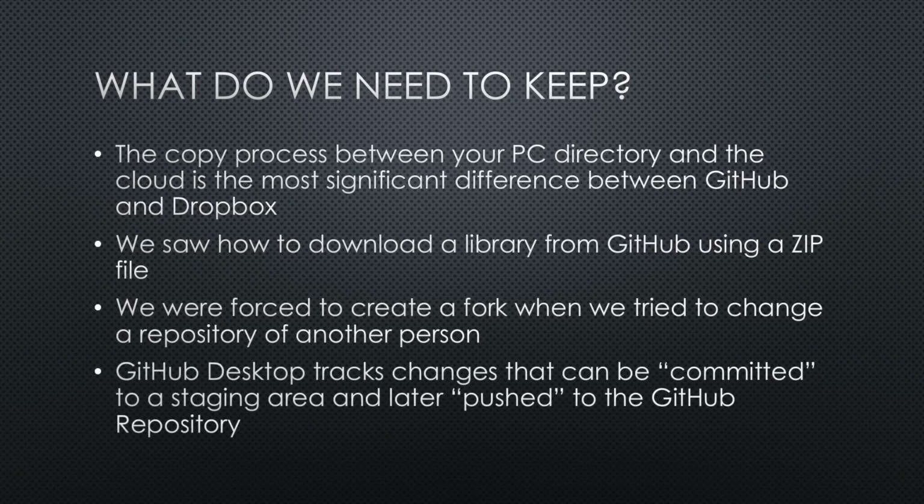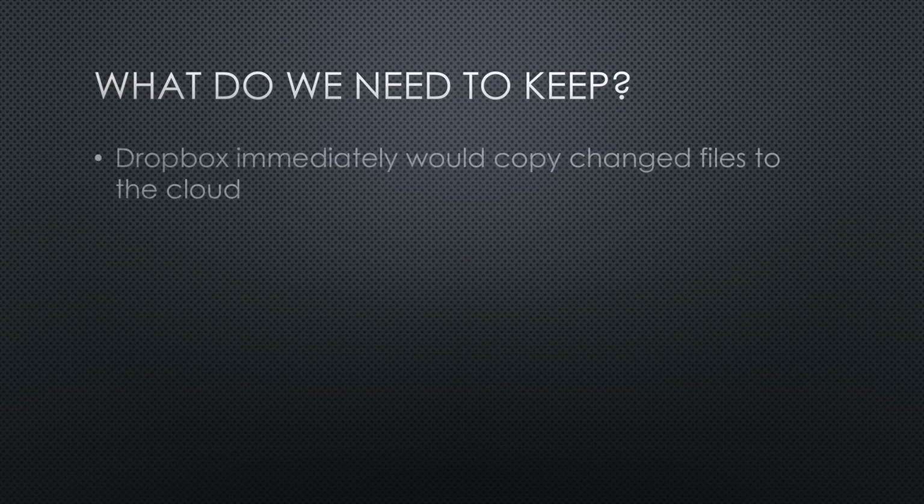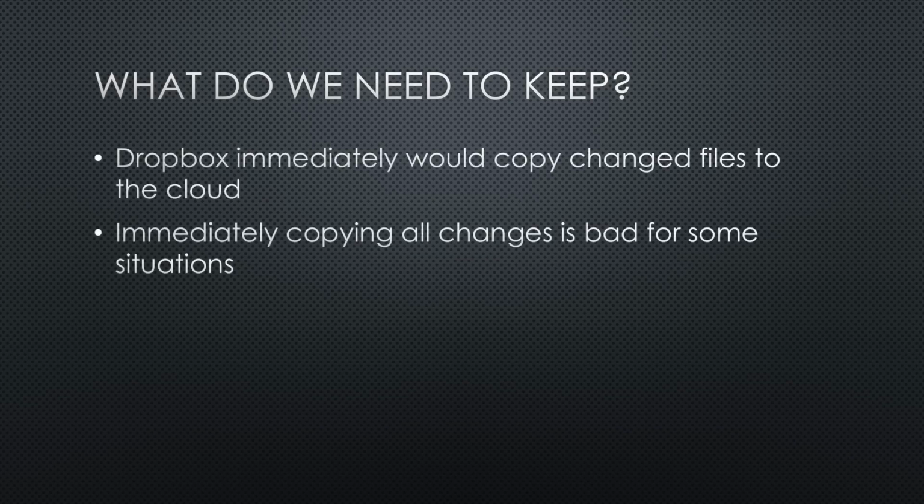We learned that when we work in a directory on our PC, GitHub Desktop tracks changes that can be committed to a staging area and later pushed to the GitHub repository. Dropbox immediately would copy changed files to the cloud, by the way. We learned why immediately copying all changes is not a good idea for some situations.